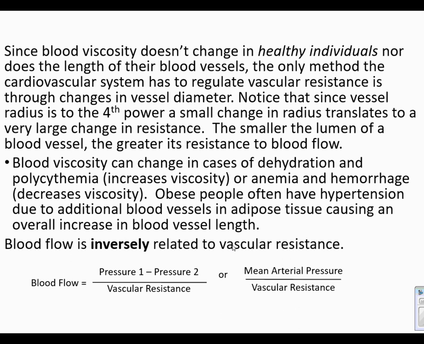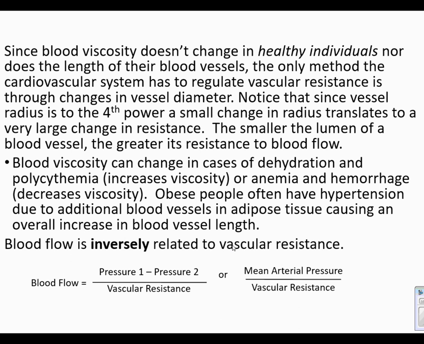And we can describe the relationship between blood flow and resistance as an inverse relationship. When you say inverse, that means if one goes up, the other one goes down. So if there's an increased resistance, there's a decreased blood flow. Decreased resistance, increased blood flow.